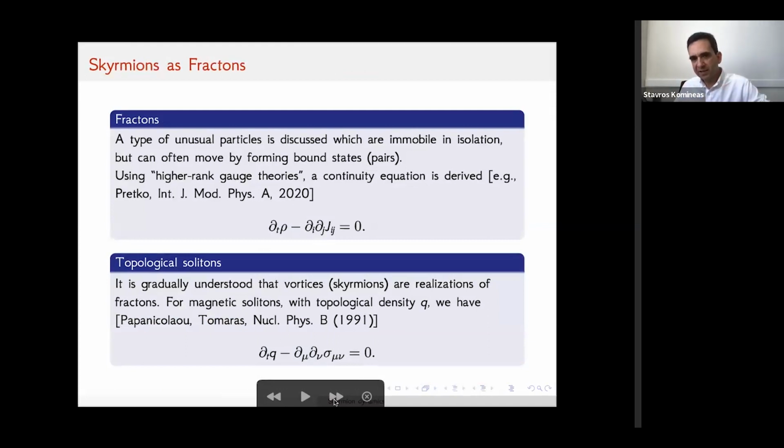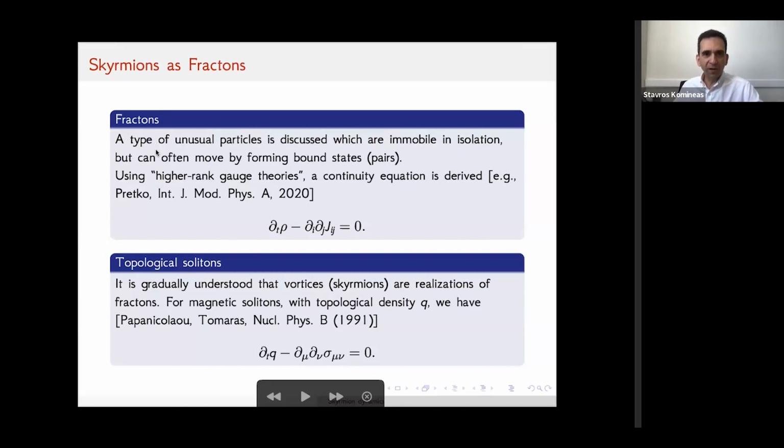And let me go to my last page, which is a remark towards what seems to be a new direction. I would just like to discuss it briefly with you, and probably some people might be interested or might have ideas. In the last few years, maybe in the last twenty years, people have been discussing something which they call fractons, but in the last very few years, people have started to realize what these fractons are.